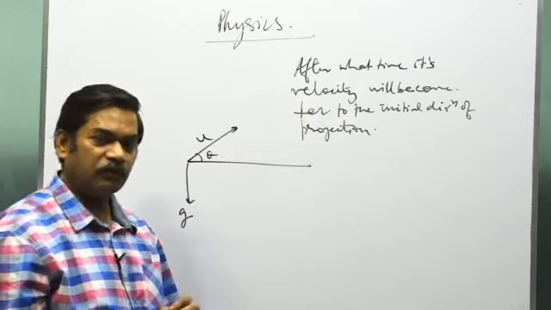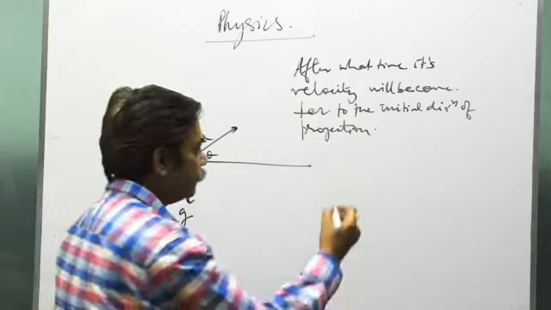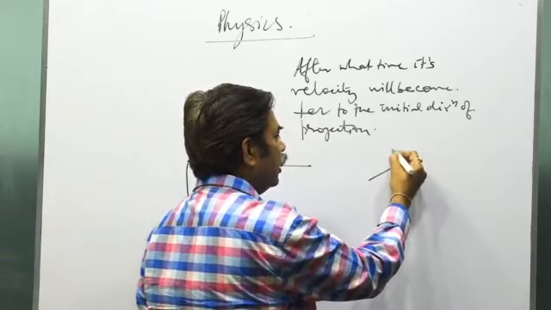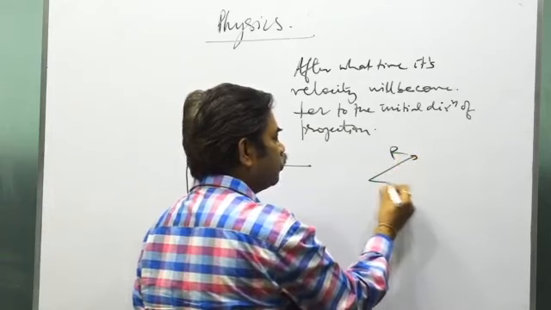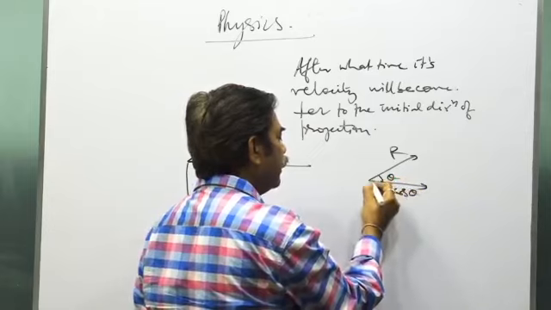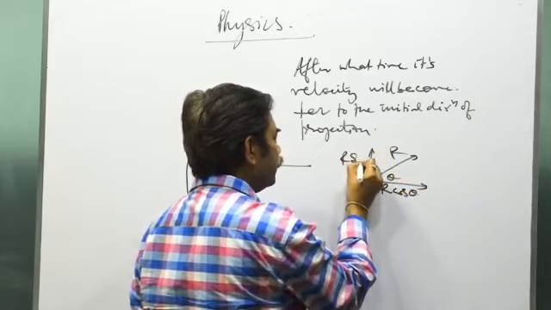Now see, once again, I had told you in earlier videos also, suppose you have a vector R, then its component in a direction making an angle theta from it is R cos theta, and perpendicular to that is R sin theta.